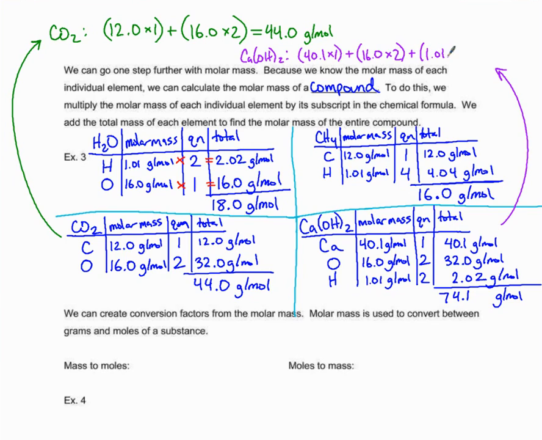Hydrogen is 1.01, and we have 2 hydrogens. And so I put this in my calculator, and I get 74.12, which we then round to 74.1 grams per mole.